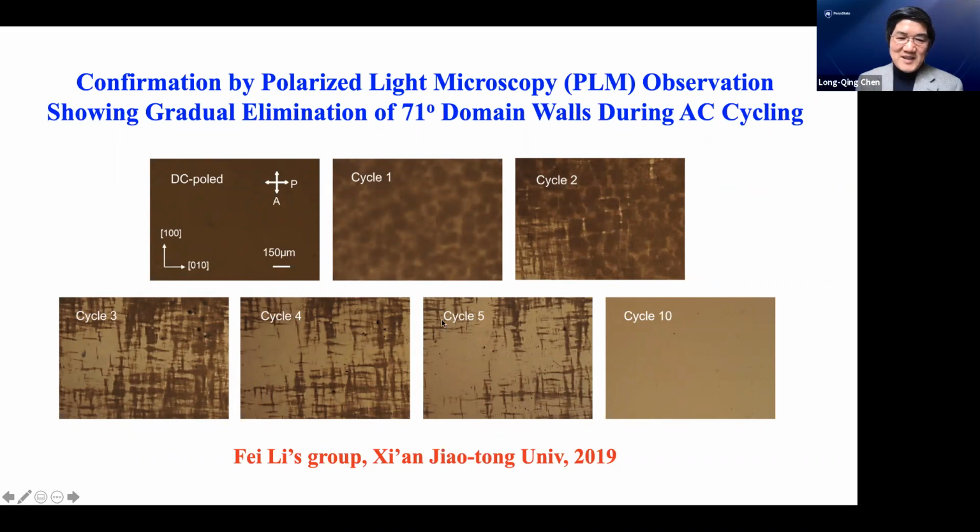all these patterns, these cross patterns, are actually 71-degree domain walls. After just 10 cycles, you don't see those domain walls anymore, which means the domains are actually getting bigger, not smaller as was claimed by other efforts reported in the literature.